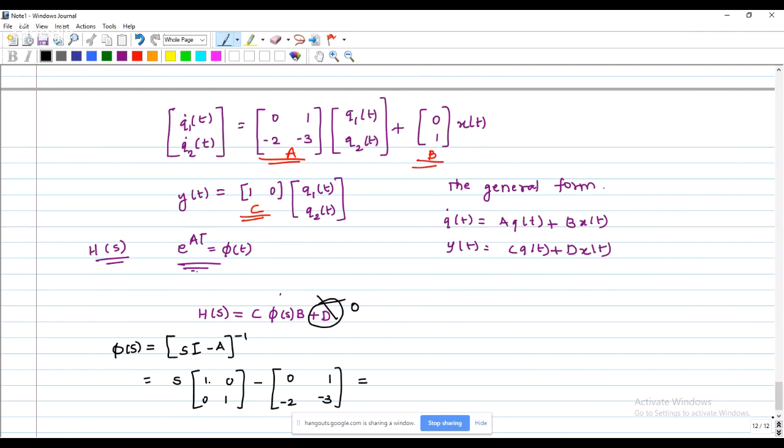That will give me s minus 0, so the first term will be s. Then s into 0 is 0, minus 1 will be minus 1. Then 0, s into 0 is 0, minus of minus is plus 2. s into 1 is s, minus of minus is plus 3. So this will be s plus 3.